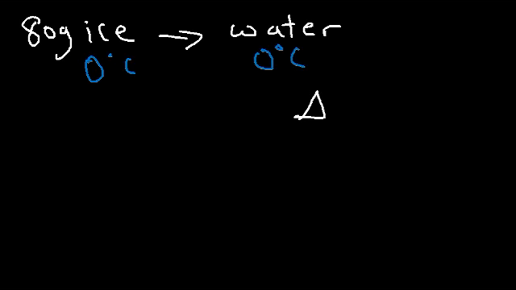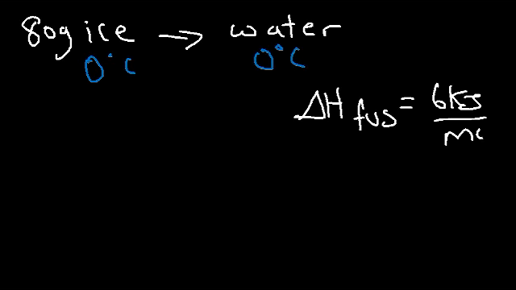The heat of fusion for water is about 6 kilojoules per mole. So if you're going from solid to liquid or liquid to solid, you can use the heat of fusion. From solid to liquid, which is melting, that's an endothermic process. So it's going to be positive 6 kilojoules per mole. If it was freezing, which is exothermic, it would be negative 6 kilojoules per mole.